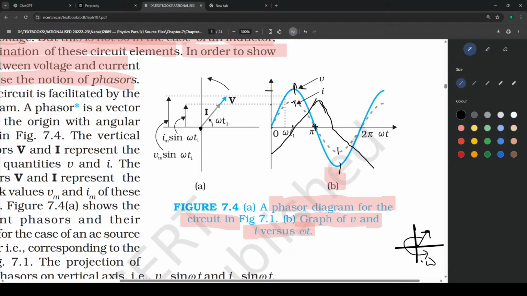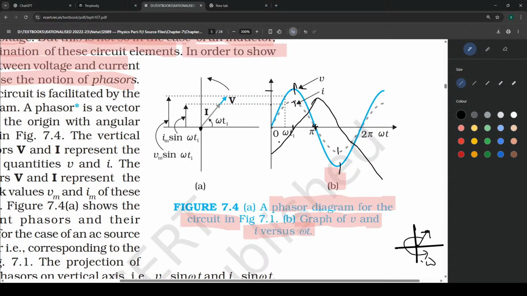Okay, this is correct. It might not look very good, but let's just understand it for now. Okay, this is the current graph.